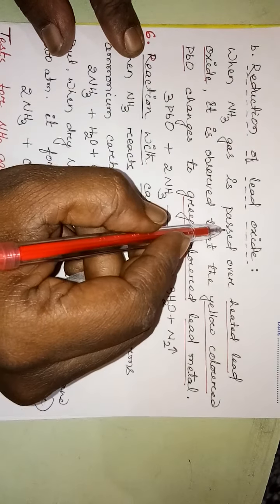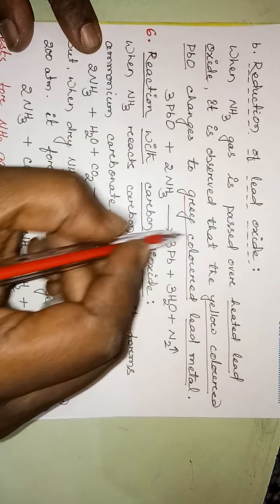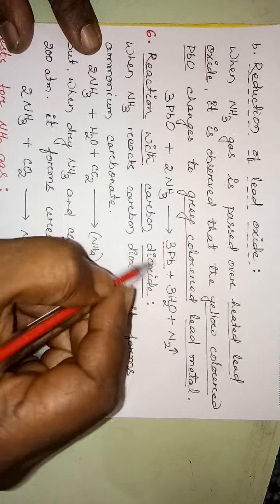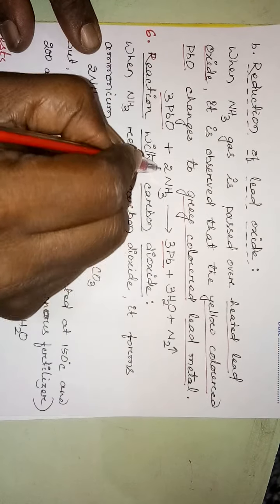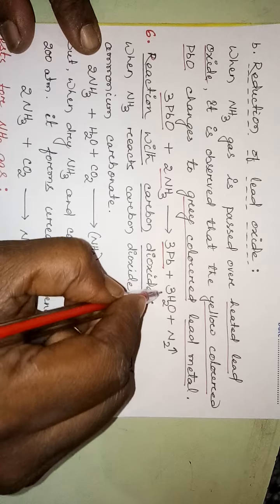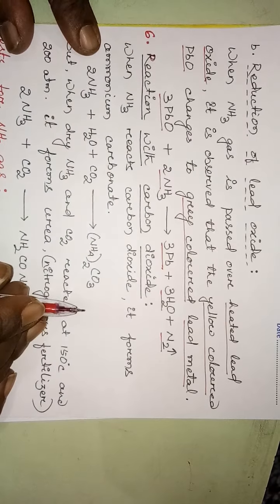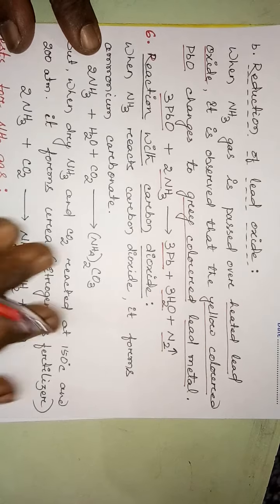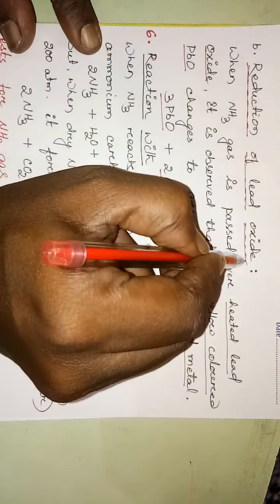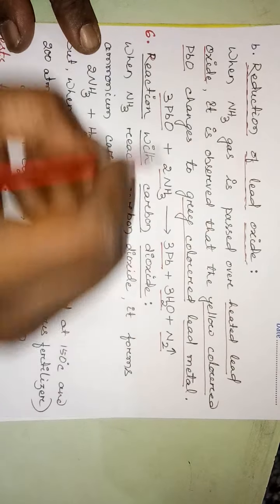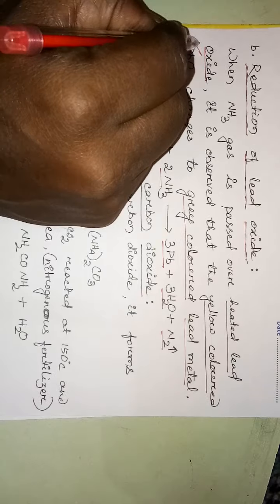So lead oxide is reduced by ammonia to form its respective metal, gray colored lead. Okay, so the equation is 3PbO plus 2NH3 gives 3Pb, 3H2O and N2. Nitrogen gas is released. Okay, in the case of the reduction of lead oxide also there are two questions, the balanced chemical equation or what do you observe.